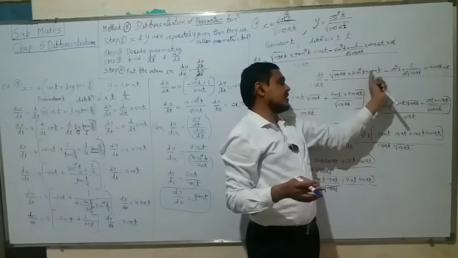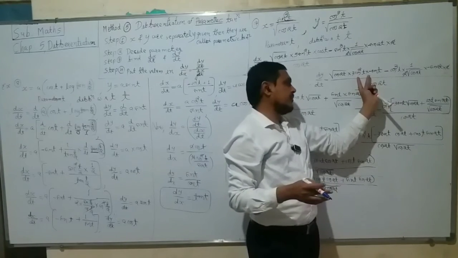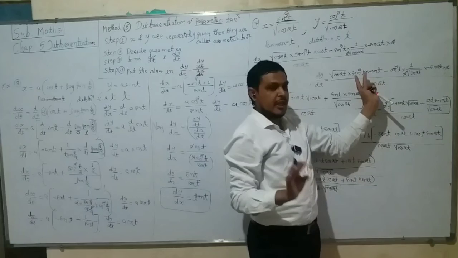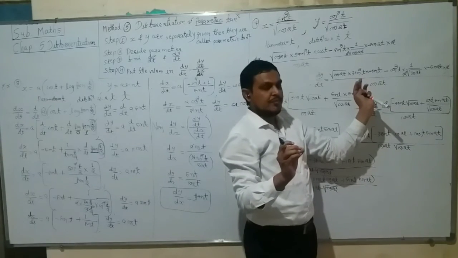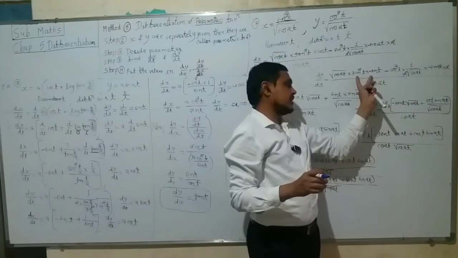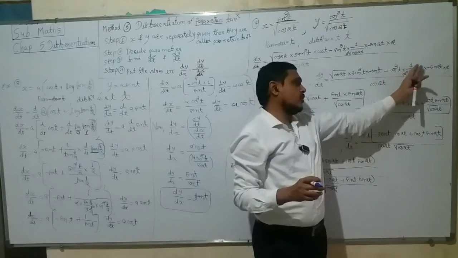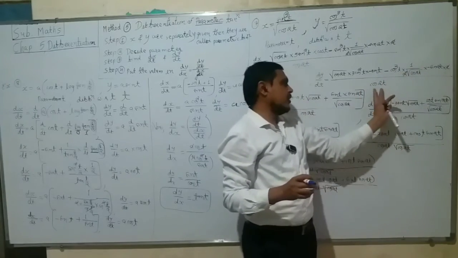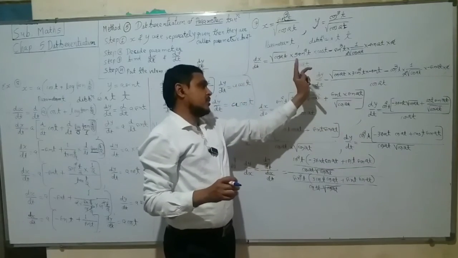Here the differentiation is carried out by using the rules for the differentiation of a composite function, the chain rule, minus numerator fix into differentiation of denominator upon denominator whole square. Now we have to simplify this.